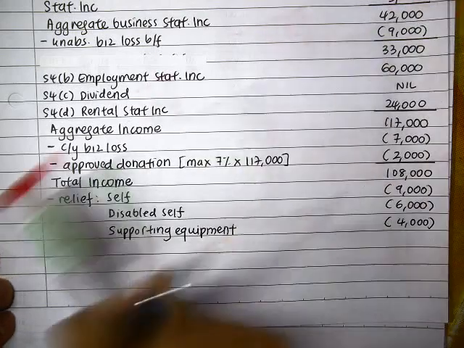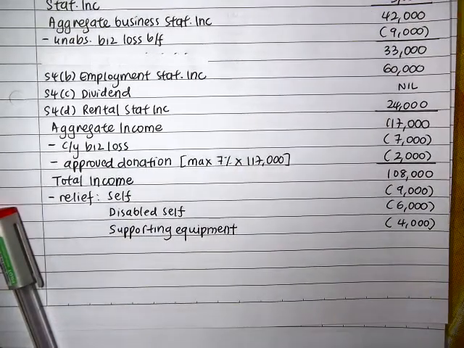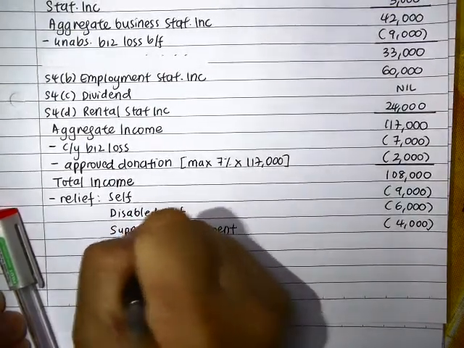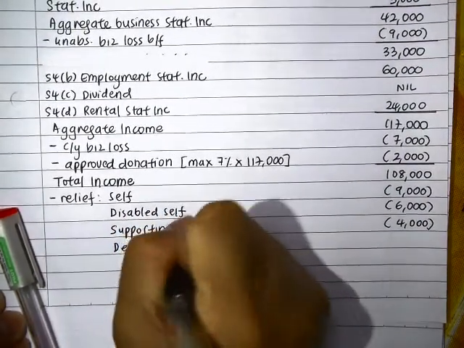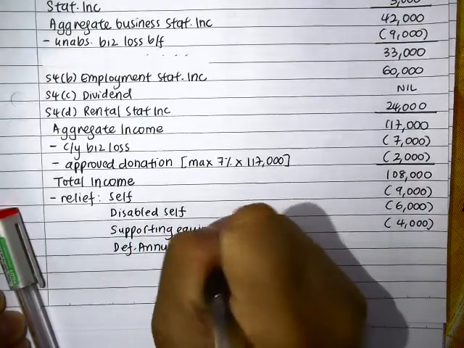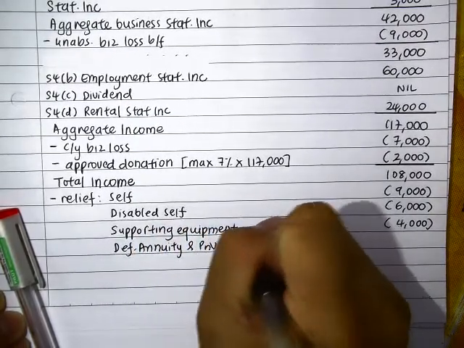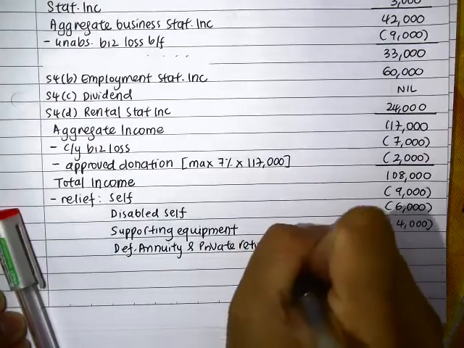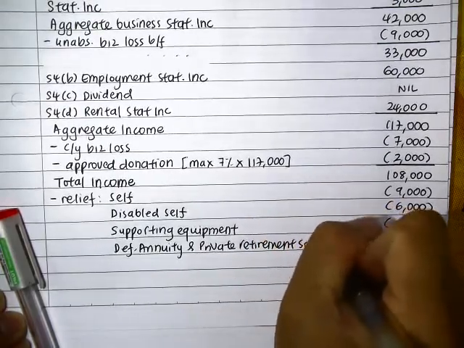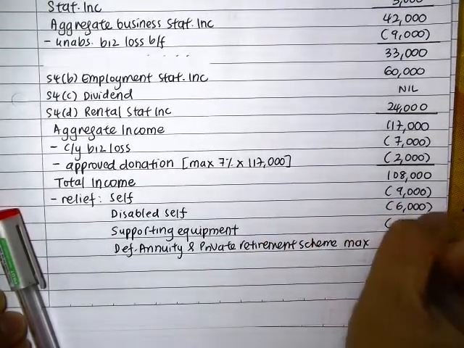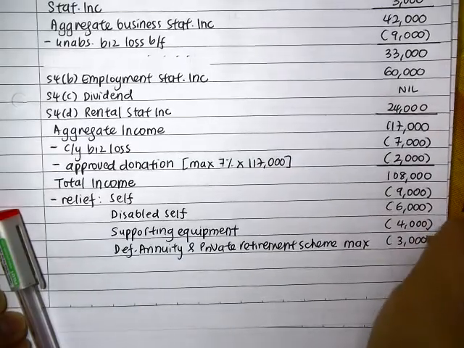Now, zakat is a form of rebate, right? So we will not show it here. Deferred annuity is a relief together with private retirement scheme. How much do you claim in total? Maximum 3,000.